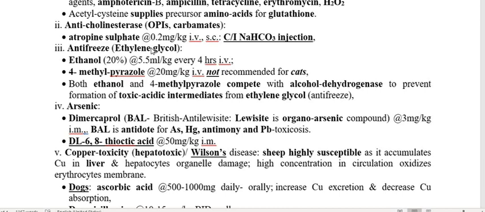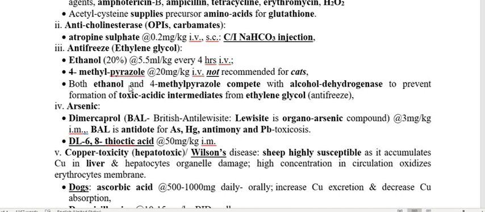Then the toxicity because of the antifreeze agent ethylene glycol. Ethylene glycol is an antifreeze agent, and we treat its toxicity with drugs like ethanol or 4-methyl pyrazole.